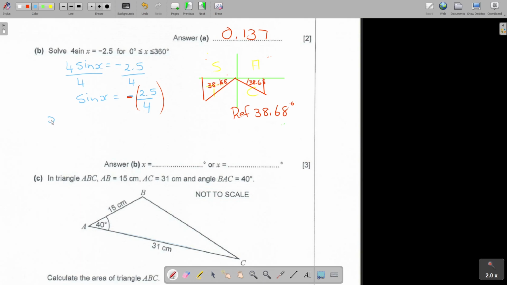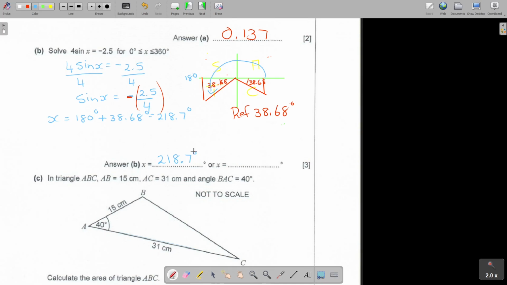Now, what do I look for? I look from here to there. Remember, that's 180. So that will be 180 plus 38.68. And I calculate that, and I'm getting on my calculator, 1 decimal place, 218.7 degrees. And I can already fill this one in.